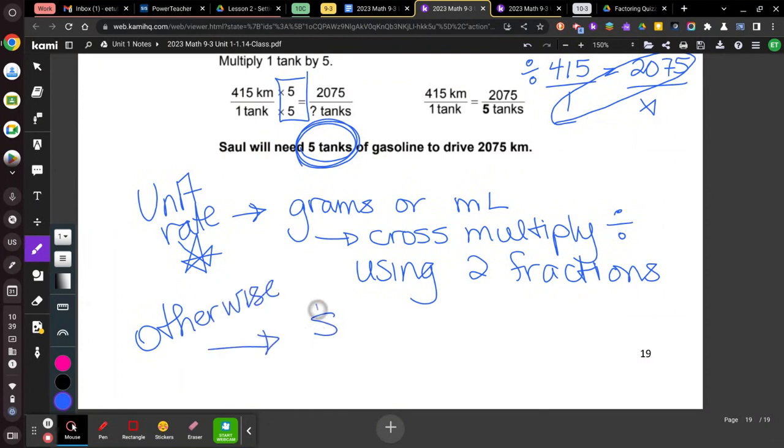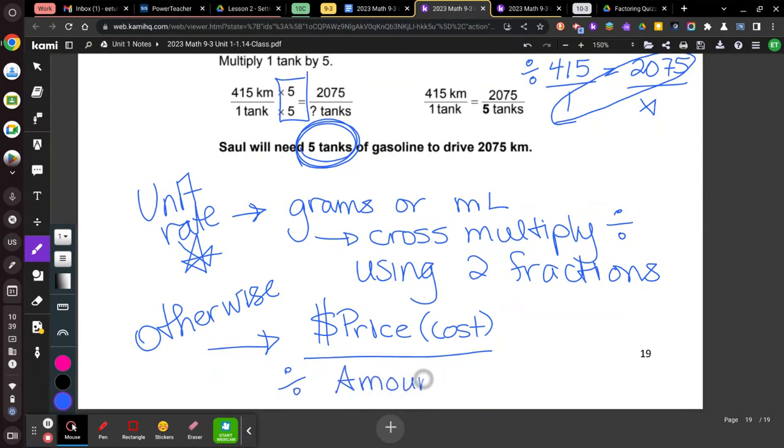You take the money price, or the cost, whichever you want to call it, and you divide by the amount of stuff, the amount of items. Whether it's kilometers, eggs, toothbrushes or toothpaste, it's whatever you're buying. This concludes lesson 14.